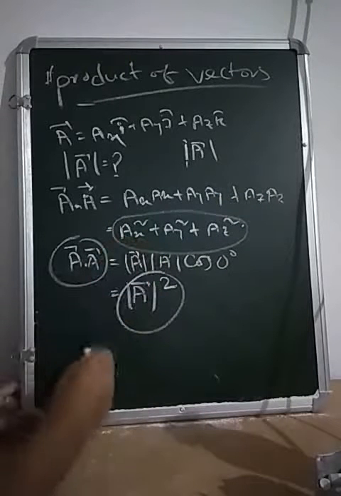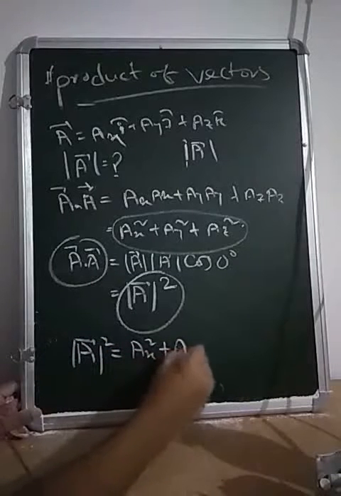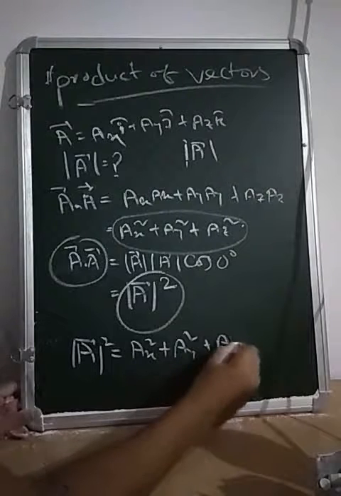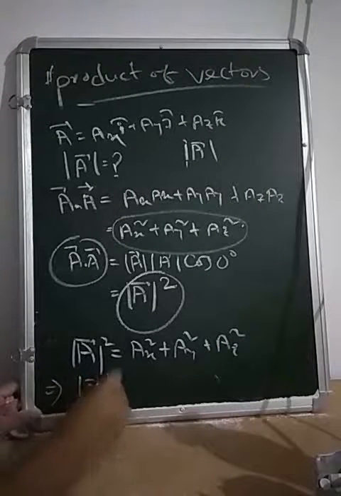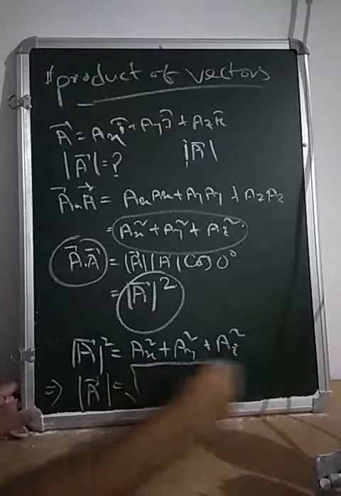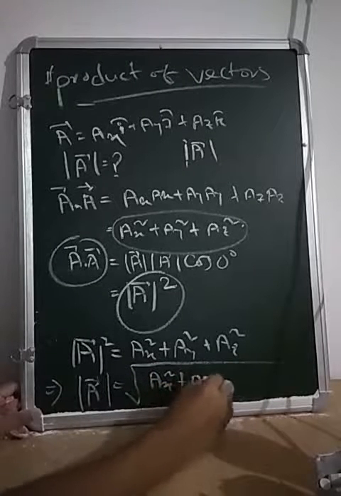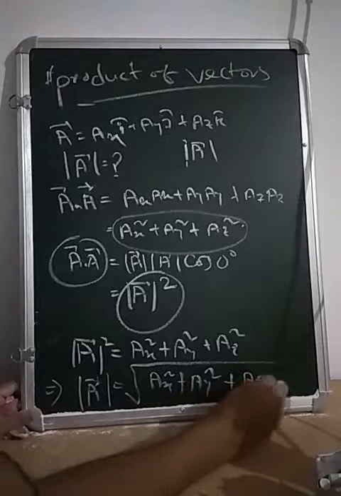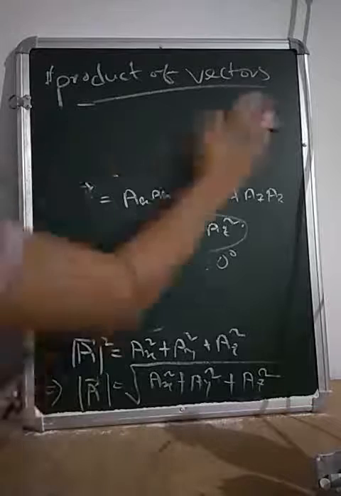So we have to equate both of them. So magnitude of A whole square is equal to ax square plus ay square plus az square. Or what is the magnitude of vector A? It will be root over ax square plus ay square plus az square. Okay, so this is how we calculate the magnitude of a vector.